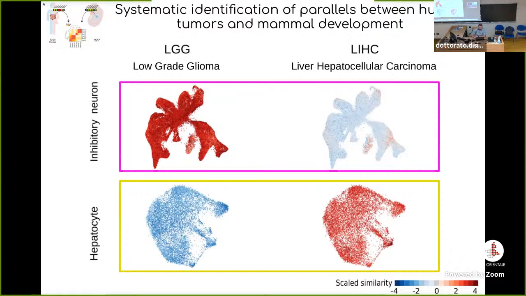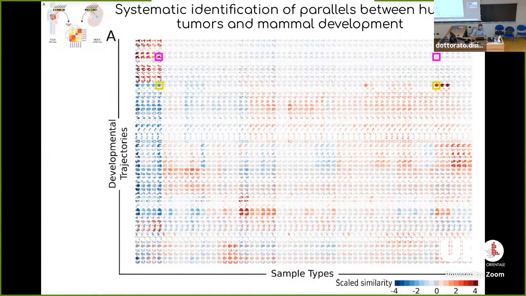I performed this type of analysis systematically for 56 different developmental trajectories and over 62 different sample types present in the TCGA. This matrix of UMAPs is telling you that, where you can see the 4 samples that I just showed you highlighted here, and then all the others resulting from the comparison.